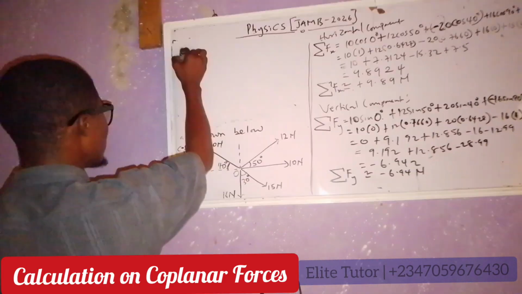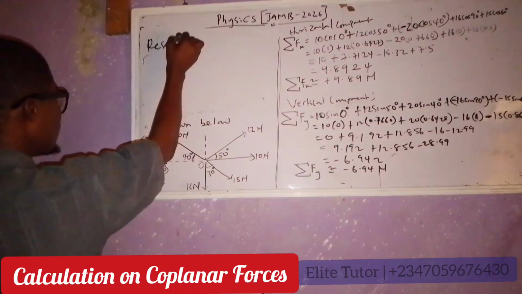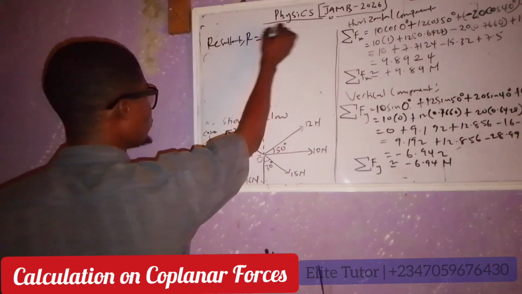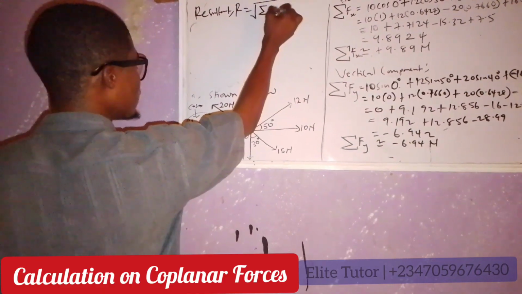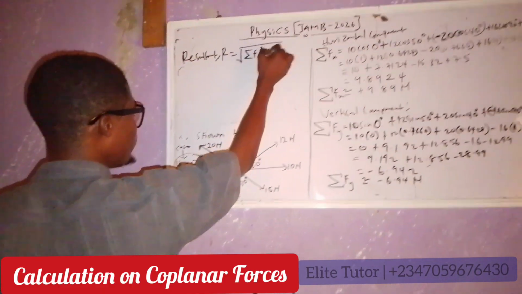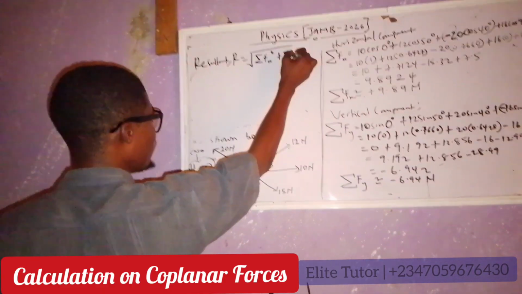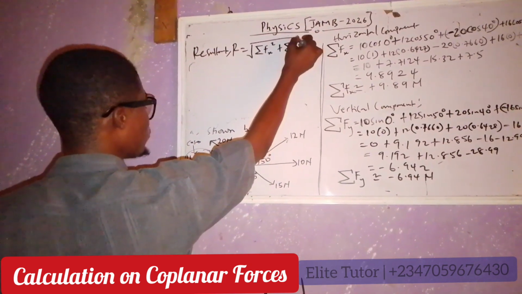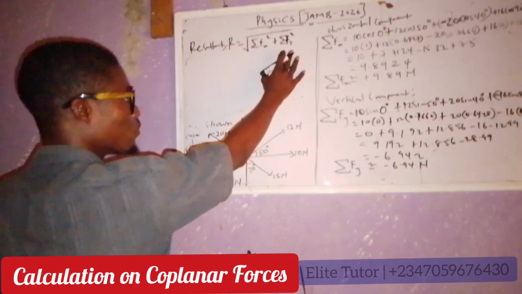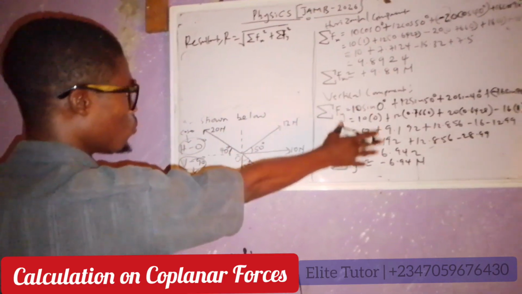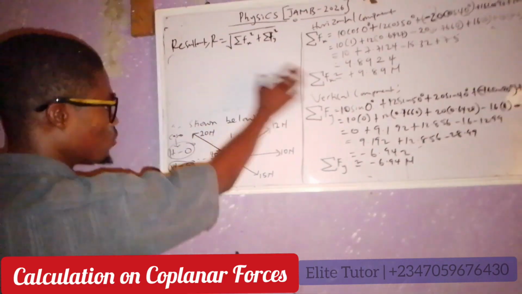The resultant formula: R is equal to the square root of summation of Fx squared plus summation of Fy squared. You can attend our physical class to understand how we came about this formula. It has a derivation. So straight up, just know this formula and be able to apply it.